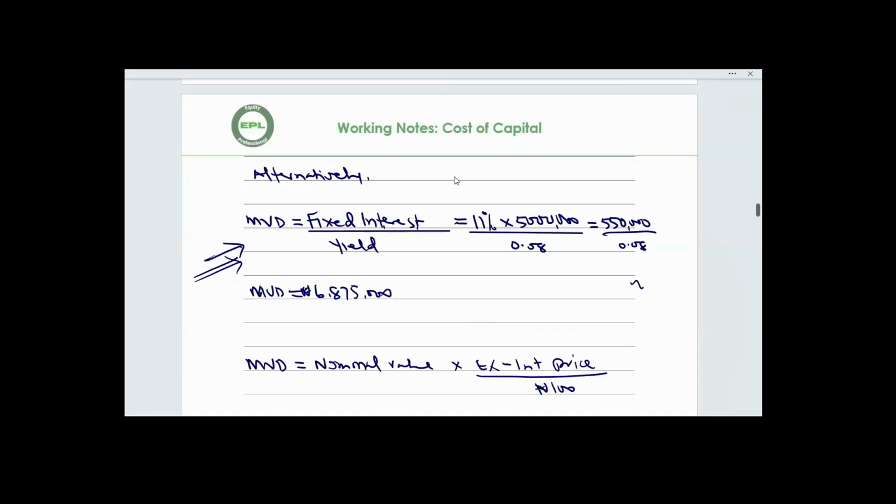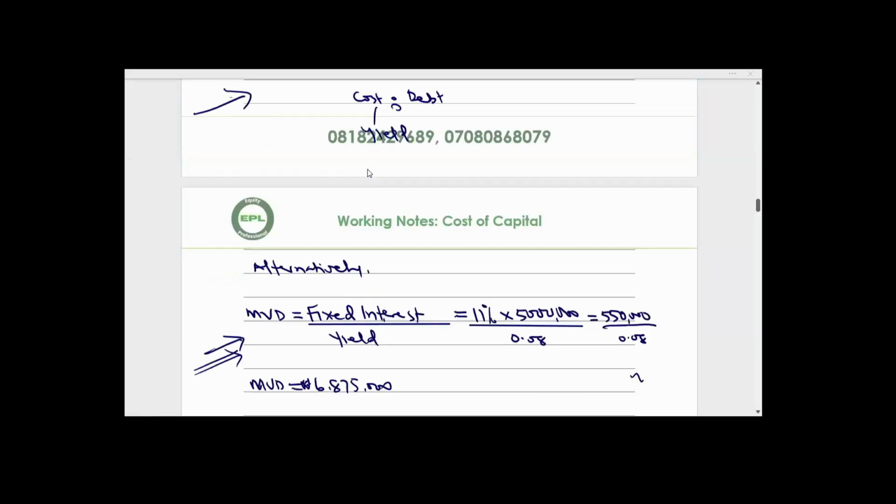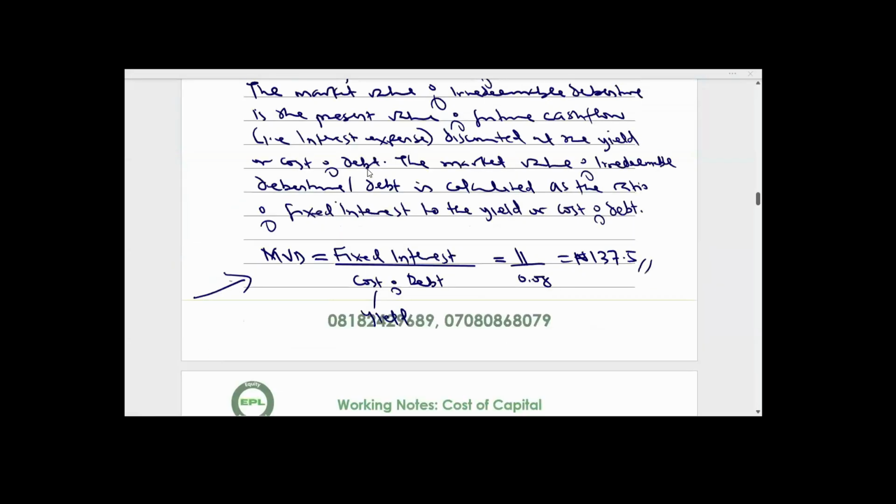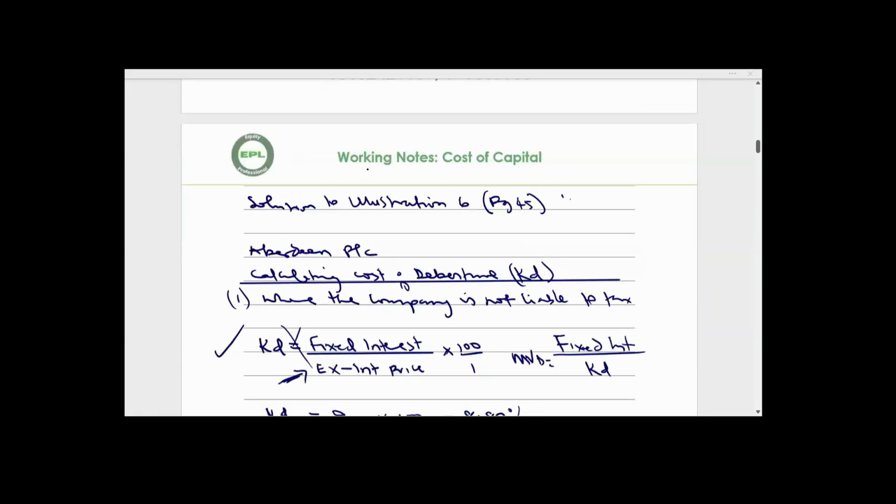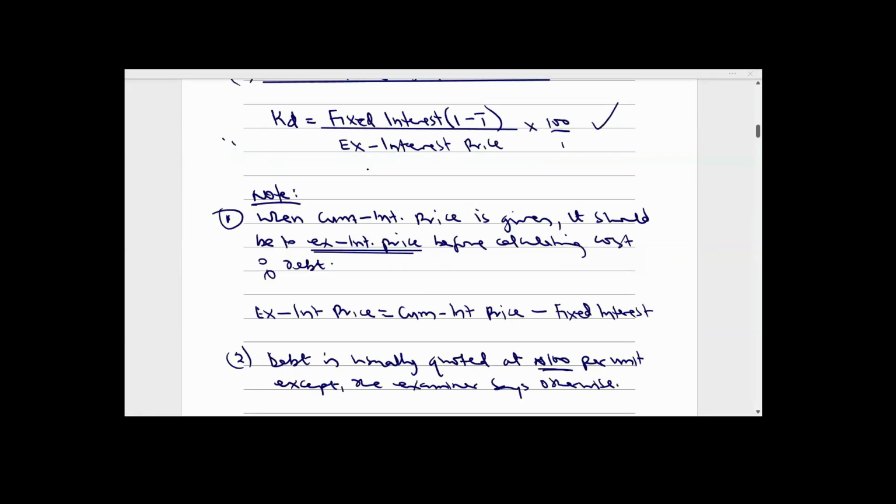I explained to you earlier that if the interest, look at, I've explained it earlier today. Let me show you so that you understand. This is the notes that I gave you earlier today.